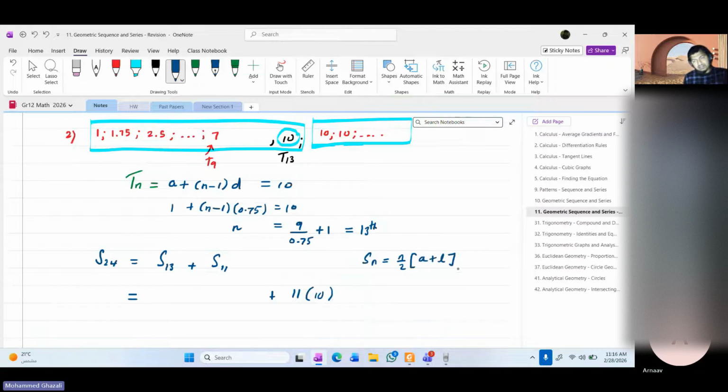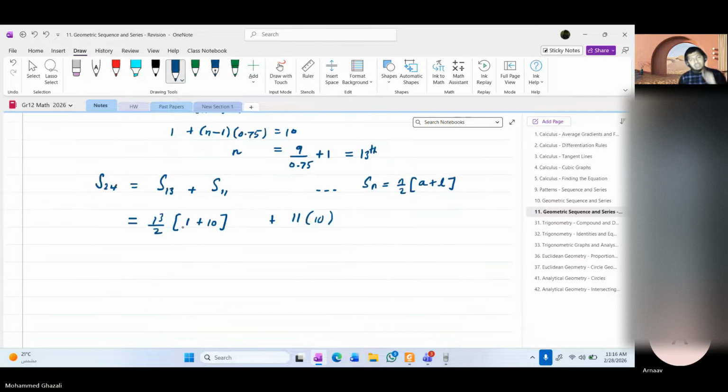So we know what's the first term and what's the last term. We know what's n. n is 13 over 2. a is 1, plus the 13th term is 10. All right. And we can calculate the sum here. That is 6.5 times 11 plus 110. 11 times 10.